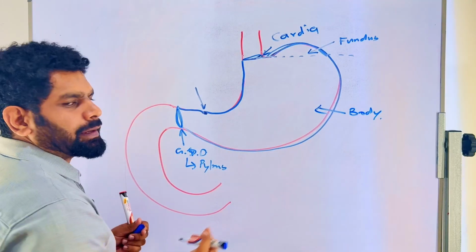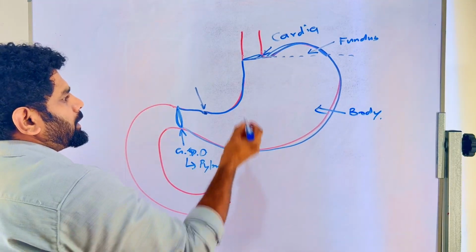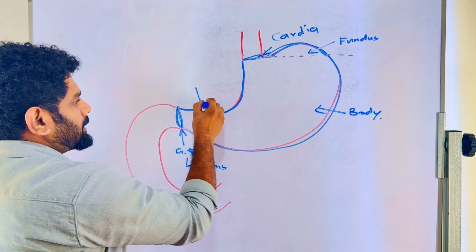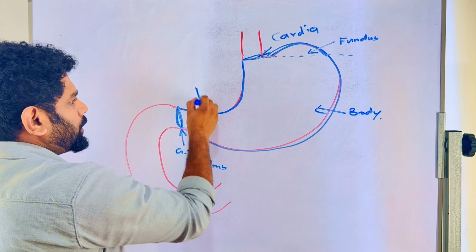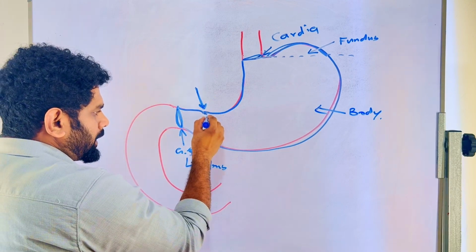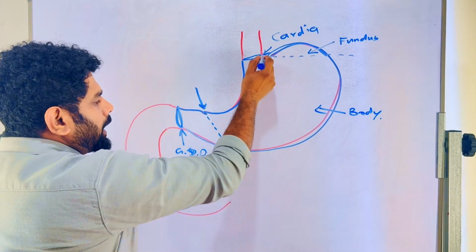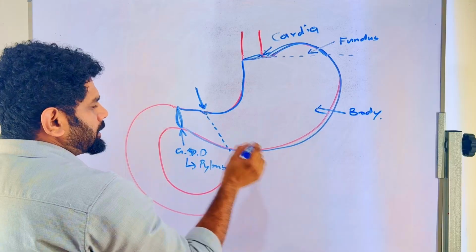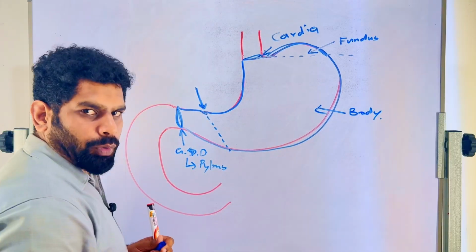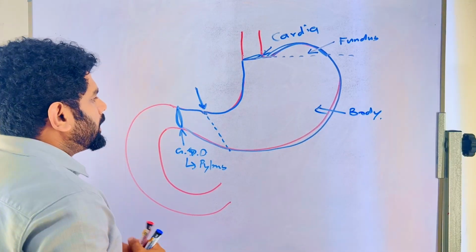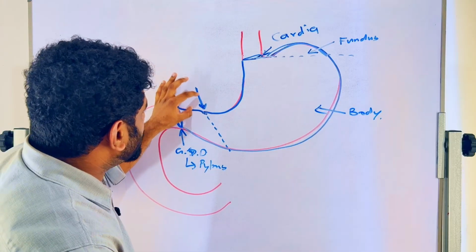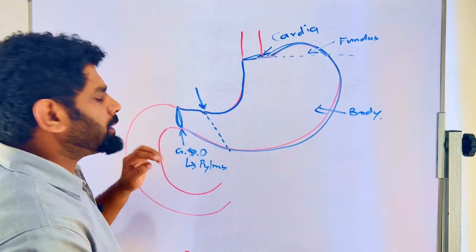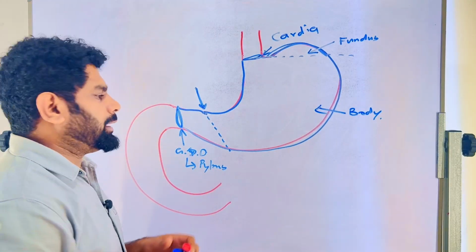What is the demarcation of the body? We have already seen that there is a notch called angularis insulae. From the cardia to the angularis insulae there will be the body, and distal to the angularis insulae is the pyloric area.